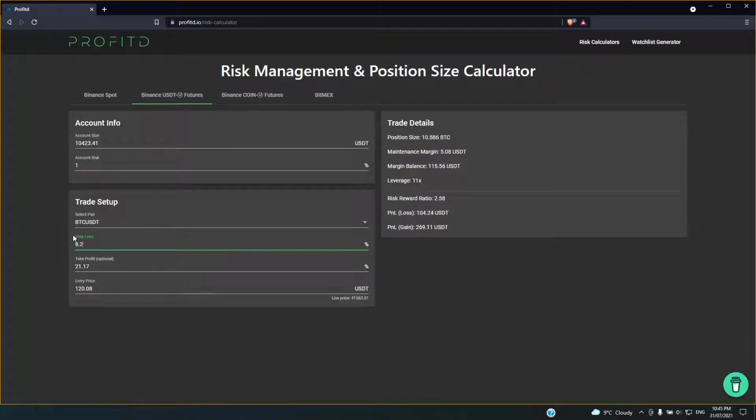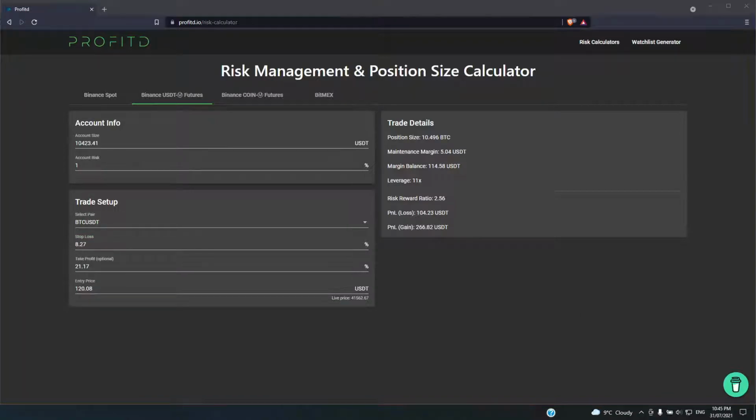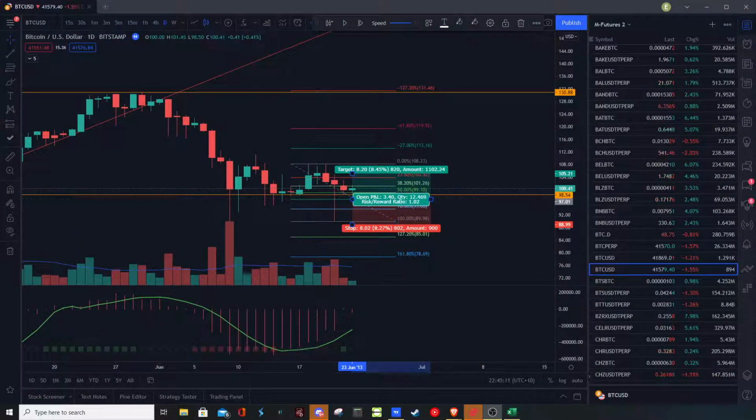It's just that our stop loss can breathe, you know what I mean, without getting wicked out. So that's the importance of finding where your stop loss is, so that you don't get wicked out, because we are buying off support here.